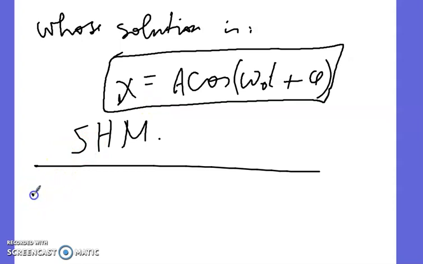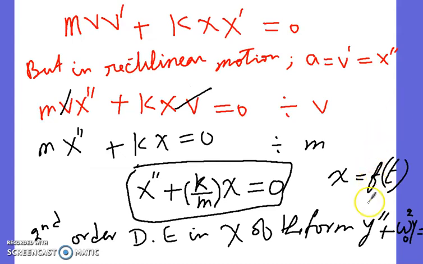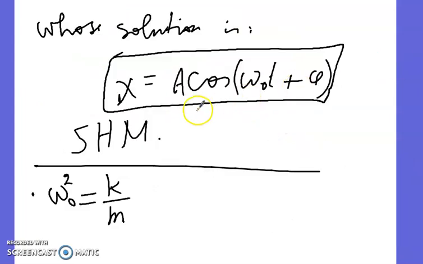First point, omega 0 squared is equal to k over m. Remember? This is y double prime plus omega 0 squared y equals 0. Okay? That's the first point. So implies what?